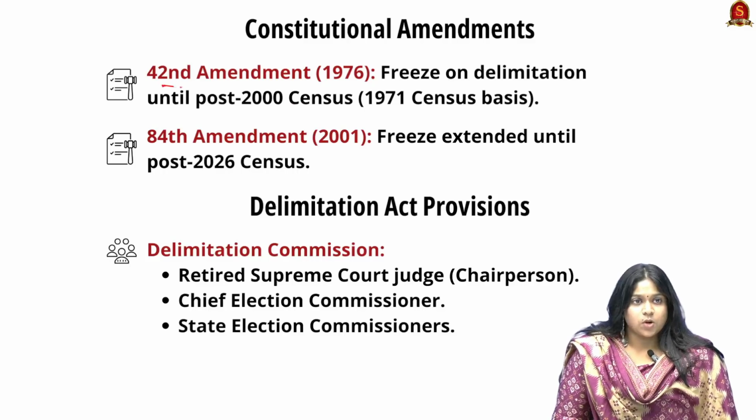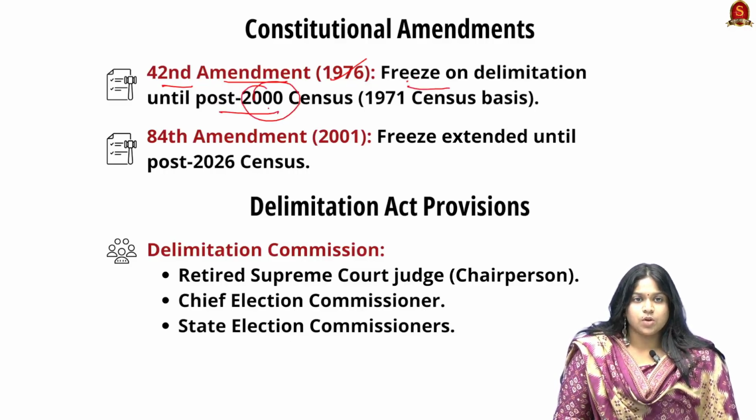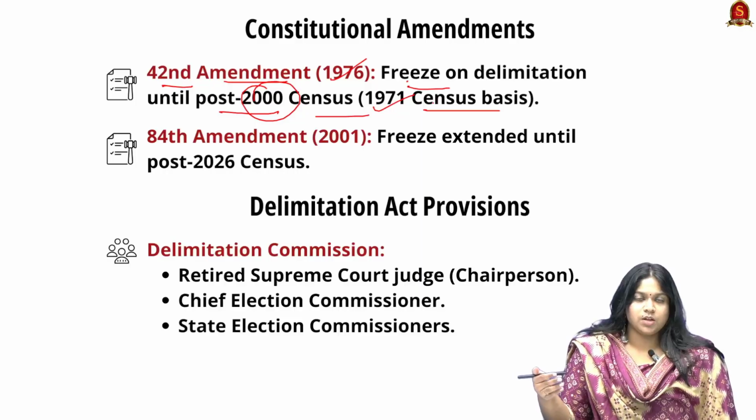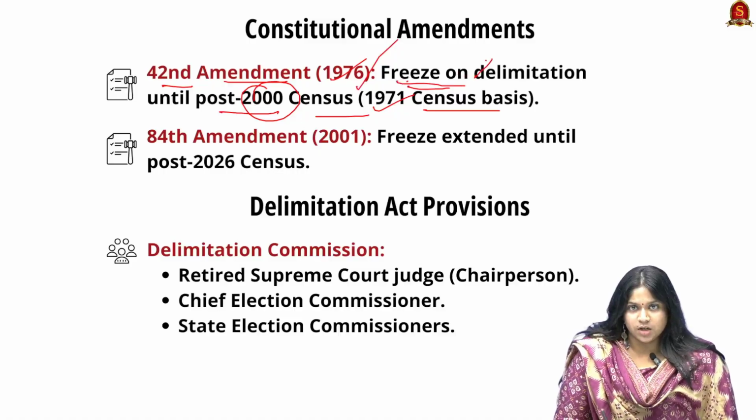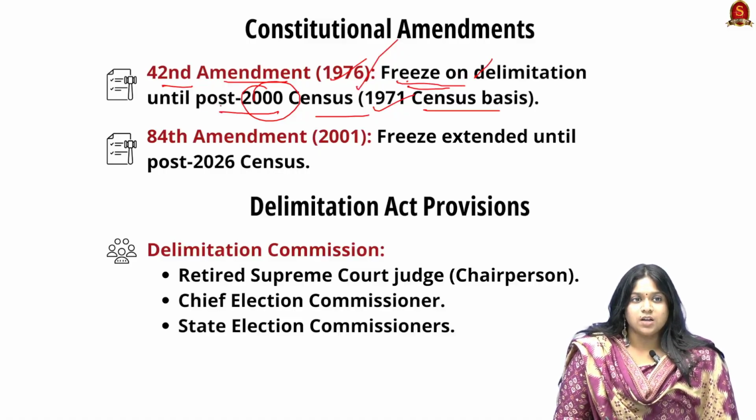In the 42nd amendment of 1976, delimitation was frozen until the post-2000 census. The 1971 census was the basis for the Delimitation Act to have the population recognition for the coming elections. But in 1976, the process of freezing delimitation happened, until the post-2000 census.